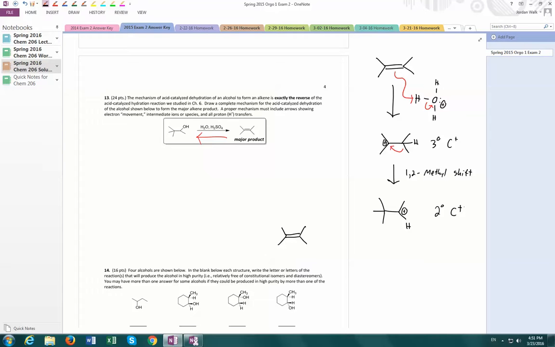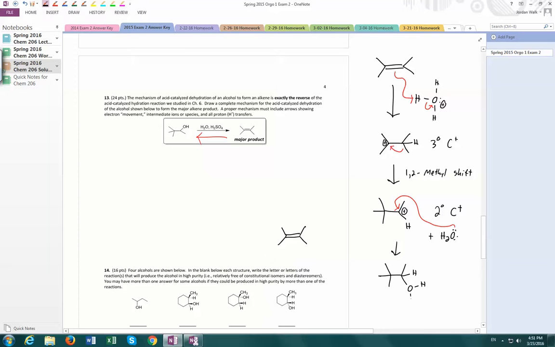Okay, and so, of course, we know that we've got H2O in solution. Can we snap those two things together and basically get us to this starting material? We should be able to, so let's see. We'll have that come in. Will we have a neutral product at this point? We shouldn't, right?